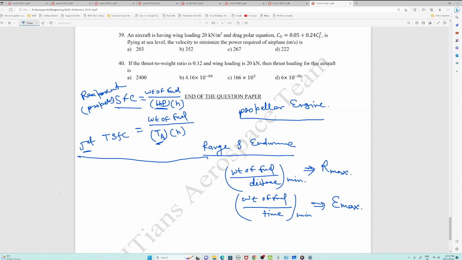Now see here from the SFC equation, guys, if I talk about the endurance, the weight of fuel divided by time, that is hour, must be minimum, is equal to SFC into BHP.